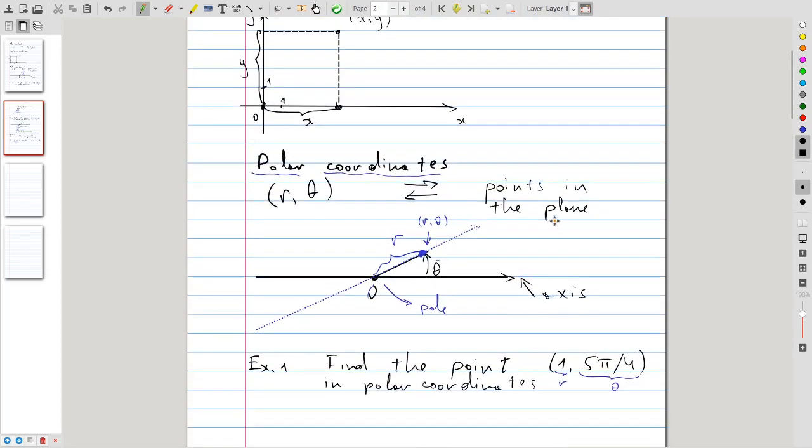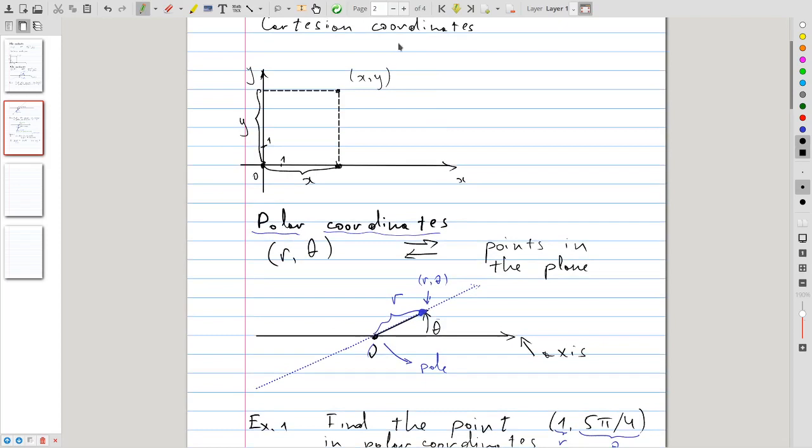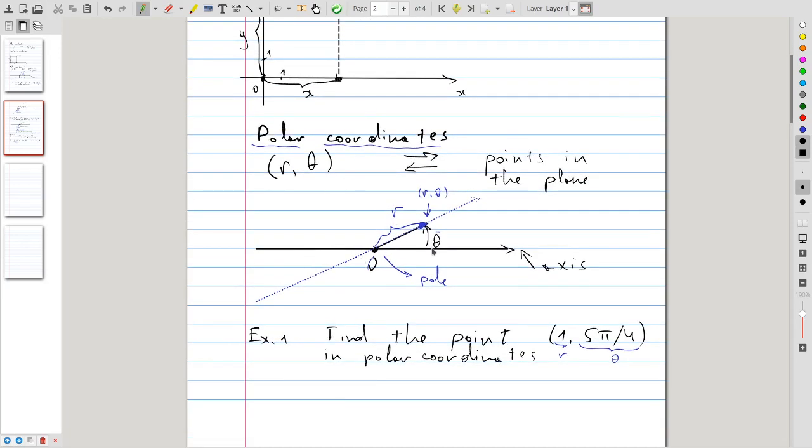And so this algorithm gives you an alternative way to represent points in the plane. Now, instead of using x and y, which are orthogonal projections, which are perpendicular projections of your point onto the axis, you're using another pair of numbers, r and theta, which denote the angle that the direction towards your point forms with the fixed axis, and r, the distance from the origin to your point.